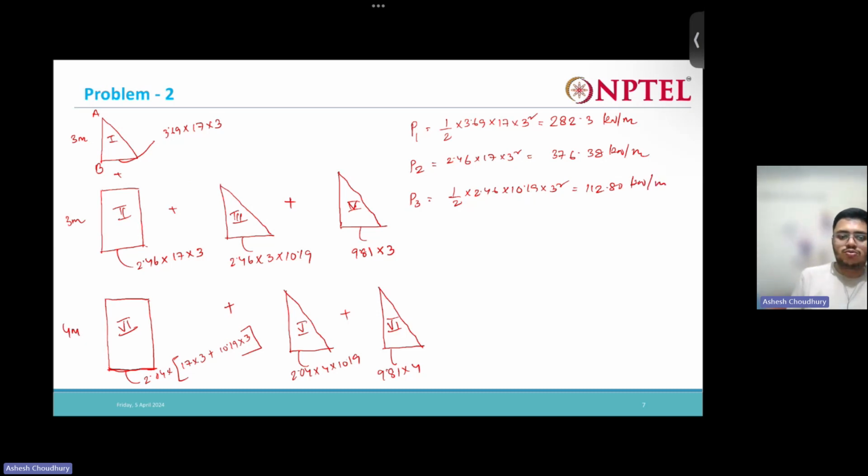Do it yourself and check whether whatever I am writing you are getting it or not. Okay, so match all these values by yourself.